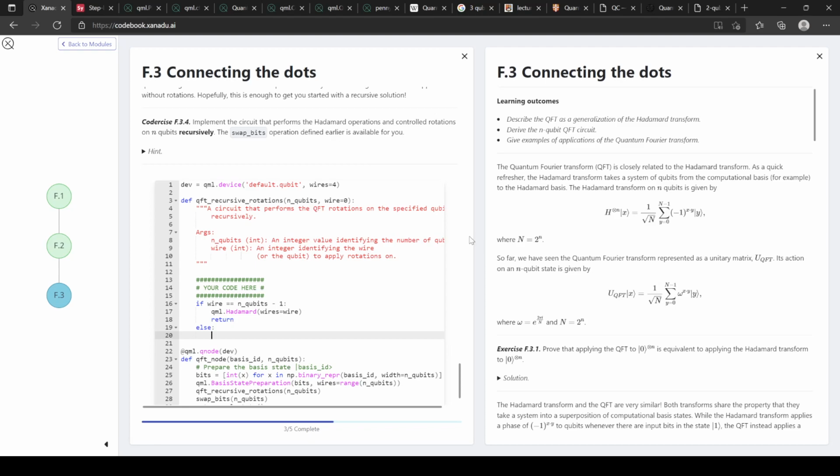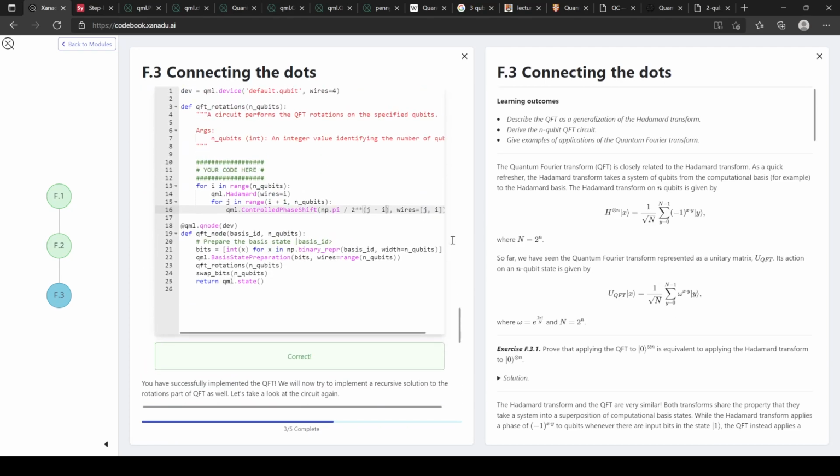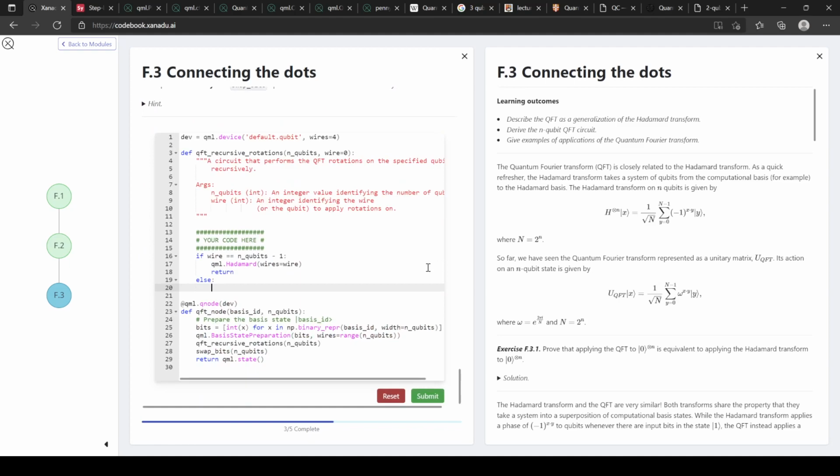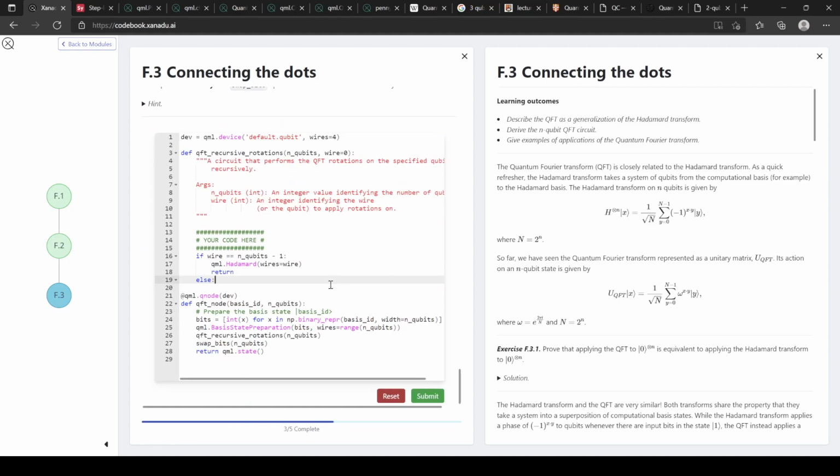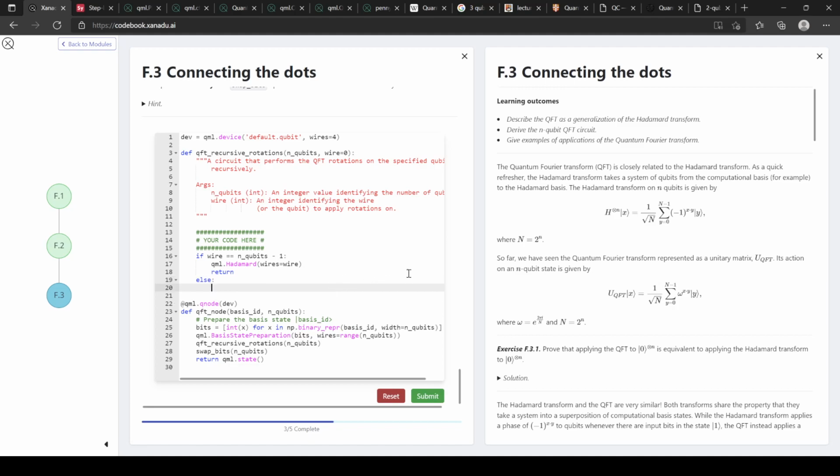I'm just trying to think, there's a trivial way to do it that isn't fully recursive, where basically you would just say, here, I'll try, I'll say, well, if wire equals, oh, see, but we only have, I'll just say else, I'll just do it the easy way because I'm lazy, and this is already an hour and 20 minutes.